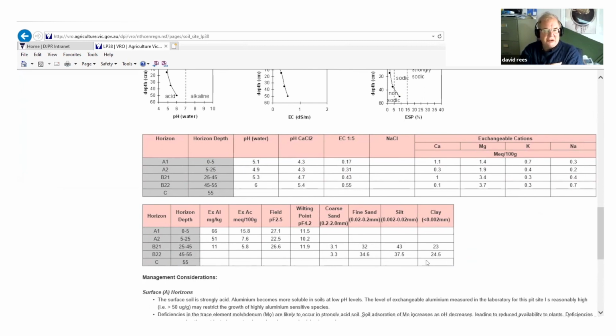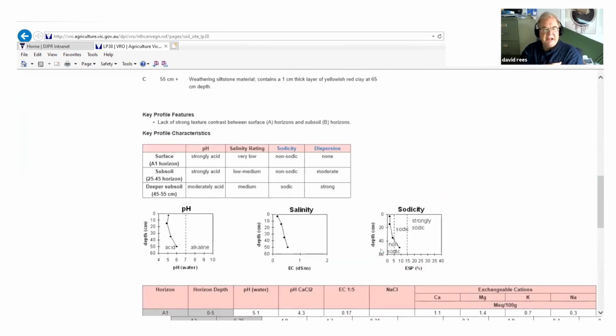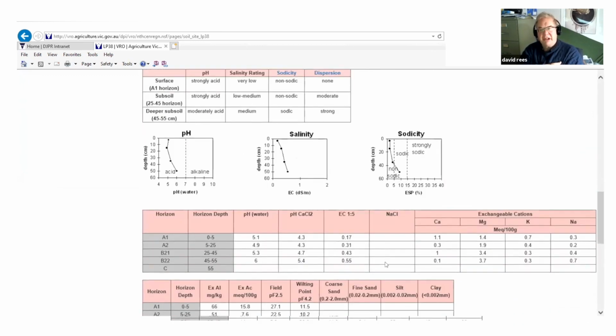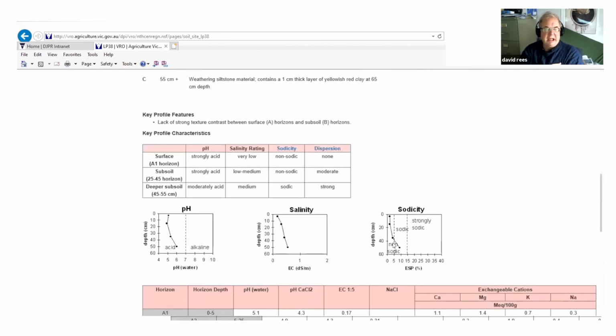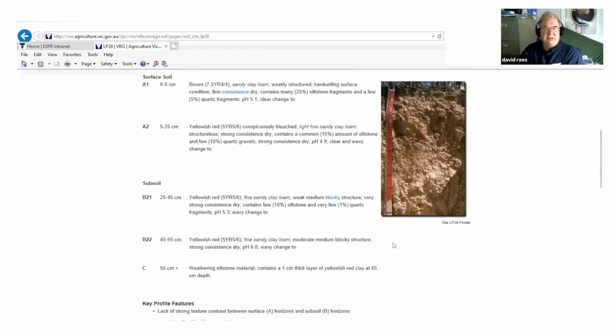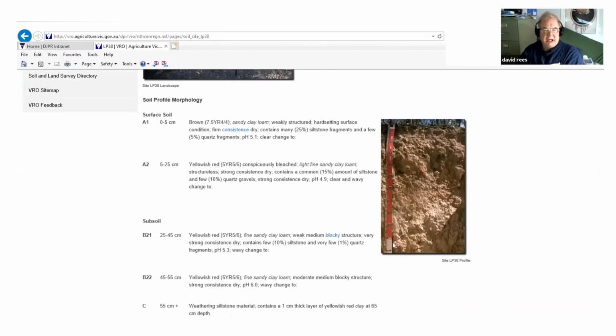We tend to concentrate on the top of the B horizon or the top of the subsoil. The reason being is the top of the subsoil is usually the throttle of the water and gas nutrient movement going up and down through the profile, as well as the biological access and helping the soils.